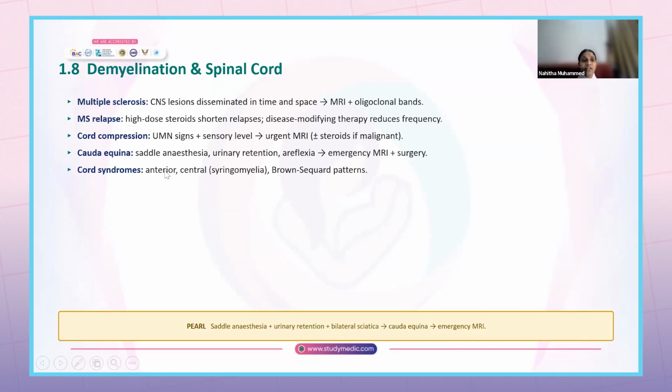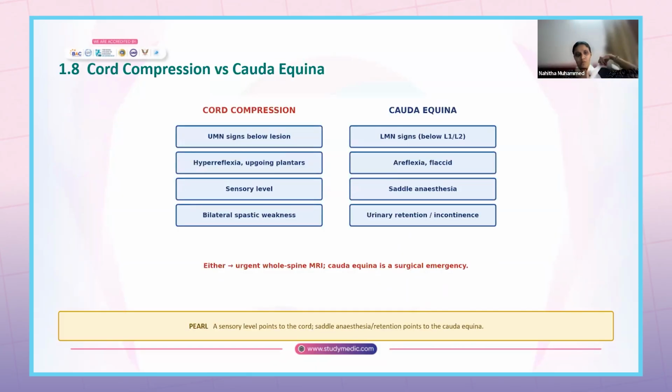Then you have to understand what is cauda equina. Cauda equina means there will be saddle anesthesia, urine retention, areflexia. Central cord is usually different from cauda equina. Cauda equina means it is a peripheral group of nerves. So cord compression is the central part.